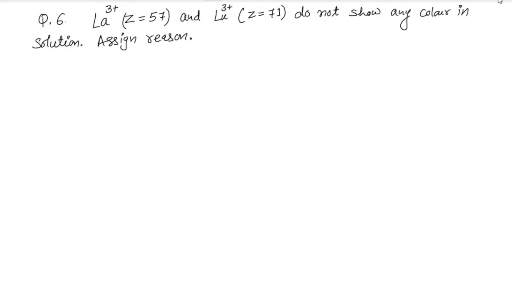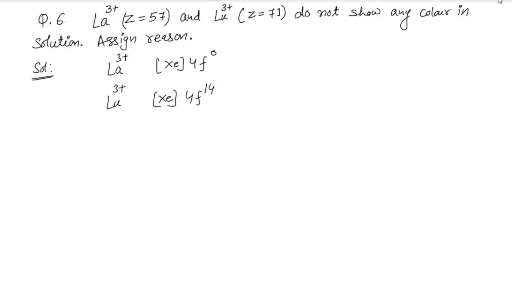So you know, it depends on the f orbitals. In lanthanum 3+ there is no f electron. It has configuration 4f0, and lutetium 3+ is 4f14.